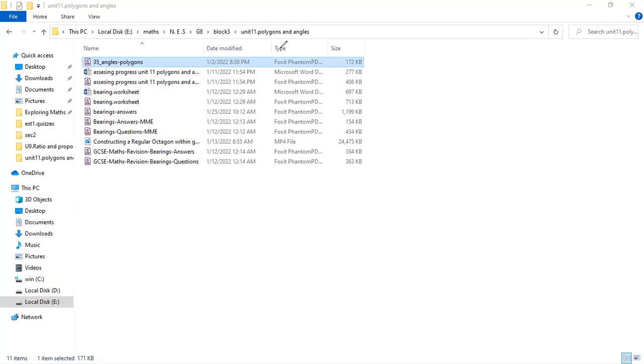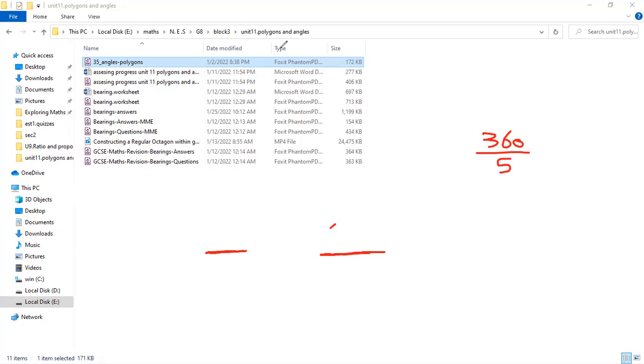Here we have a polygon. Work out the size of an exterior angle of a regular pentagon. We have two ways to find the size of any exterior angle. The first way is to divide 360 by 5. Why 360?